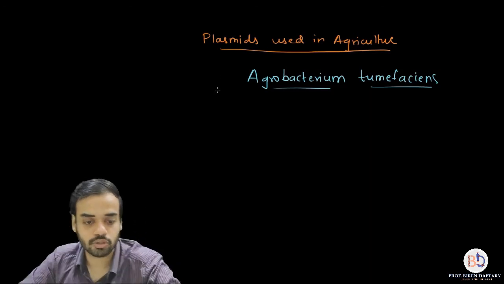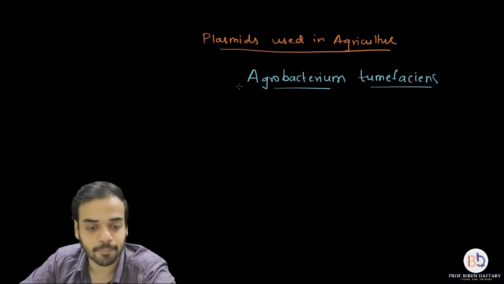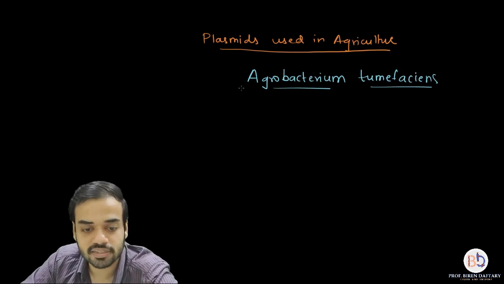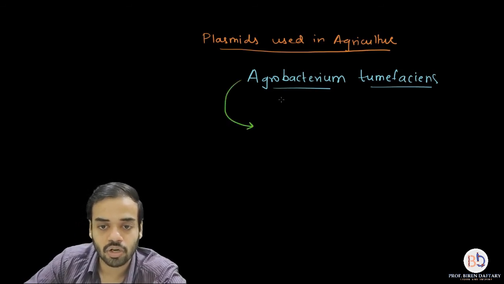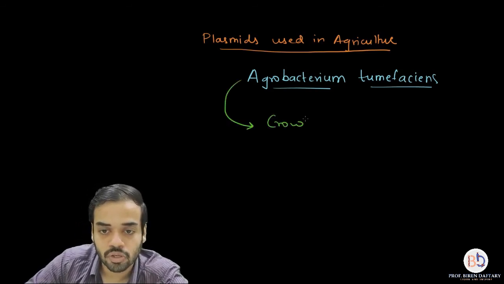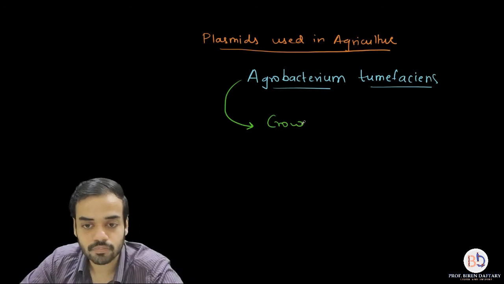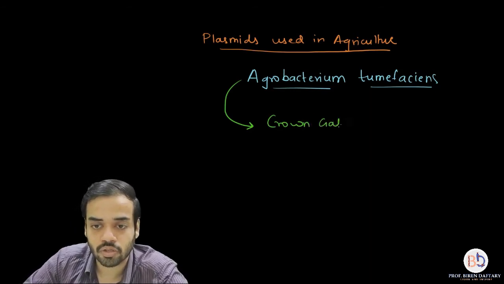The tumors which are formed in the plant are called crown gall tumors.